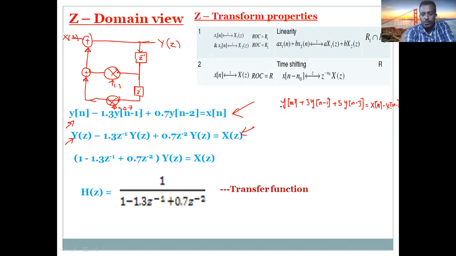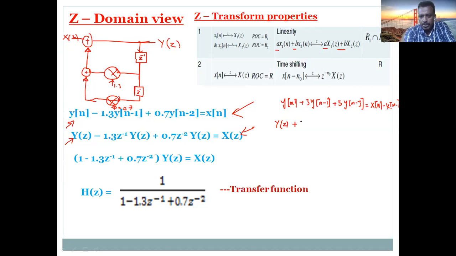Let's say this is the difference equation. Now, how are we going to transform it into Z domain? So y of n becomes y of z, right? Plus, linearity. You see here, multiplied by a constant, the Z transform is also multiplied by that constant. If you add two signals together and transform into Z domain, it will be a summation also.